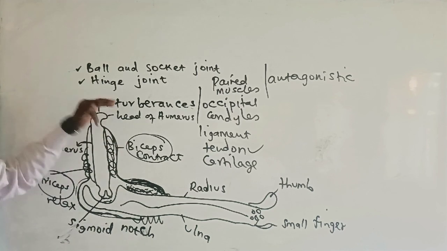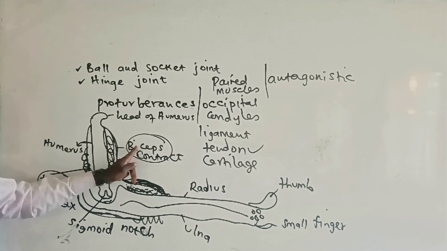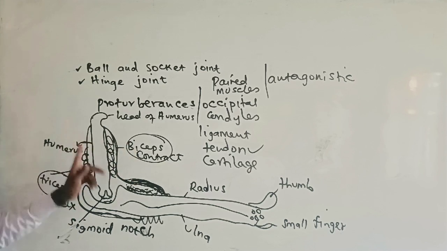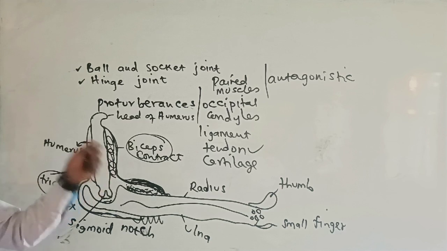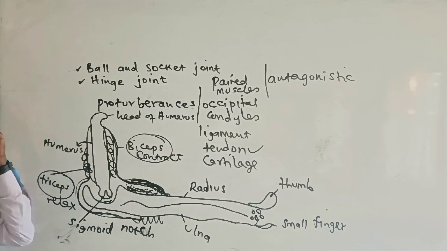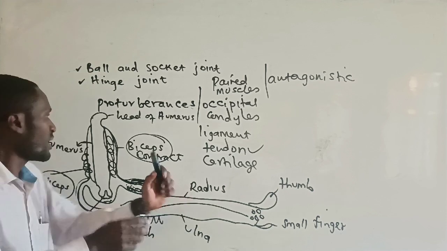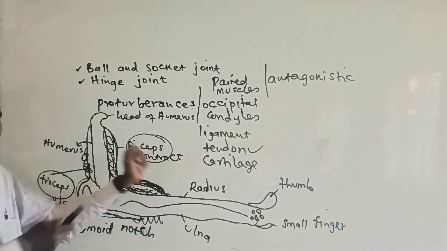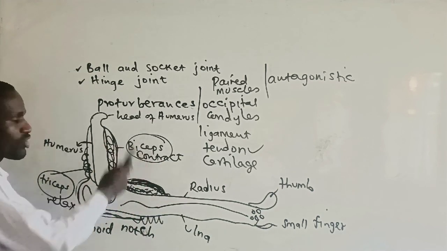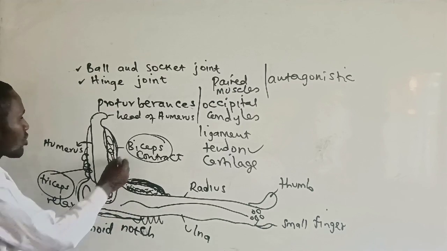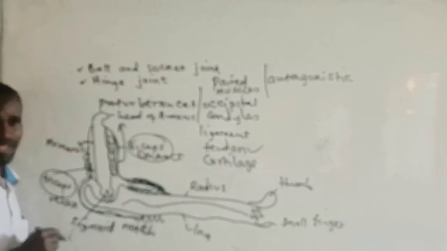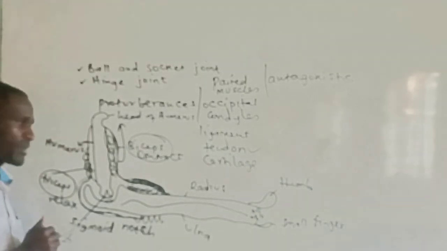So they are antagonistic and occur in pairs. When this contracts, this will relax. When this relaxes, this contracts, to bring about either the flexing or bending of the arm or the stretching of the arm. For example, when the biceps contract, what happens?